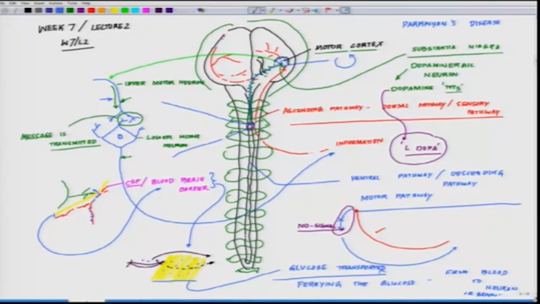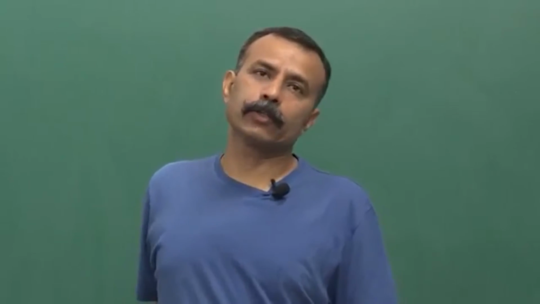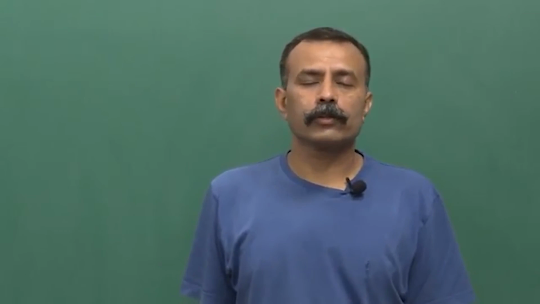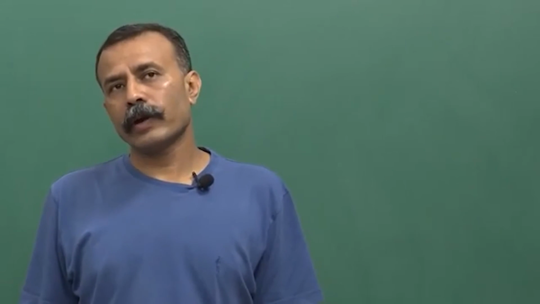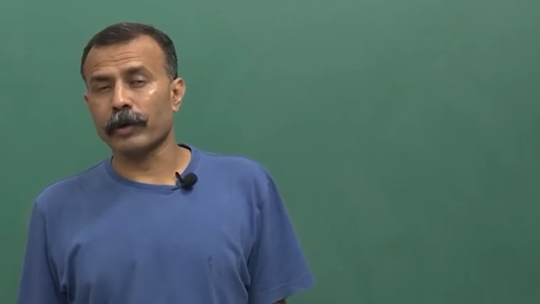Okay. So, if you replace glucose by, say, a drug molecule here, now, unless there is a ferry for that drug molecule to reach the other side, it will remain stuck on this side. So, even if you take a drug, there is no guarantee that the drug is going to reach your brain or the specific part of the brain.